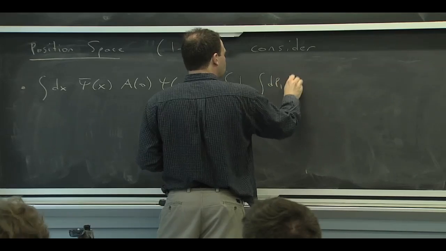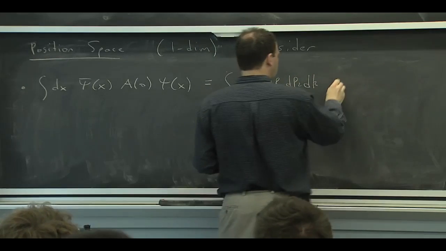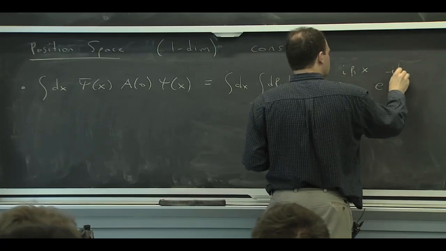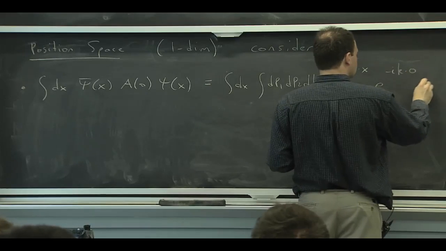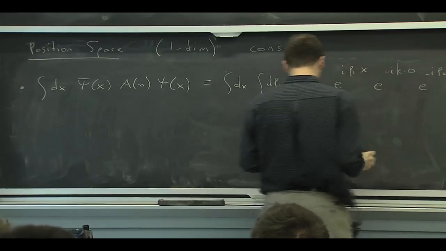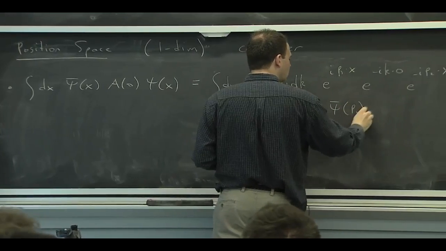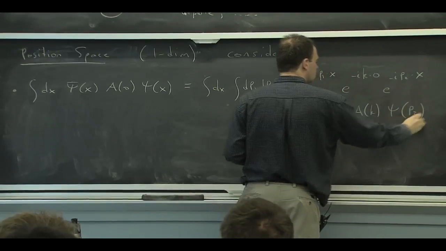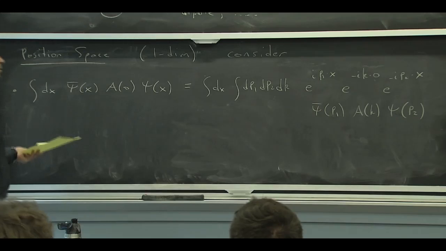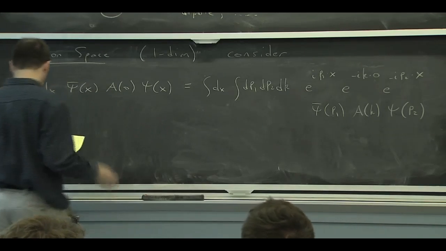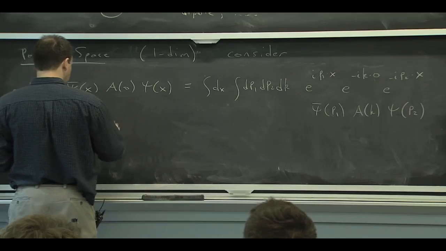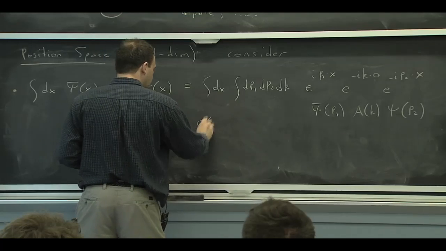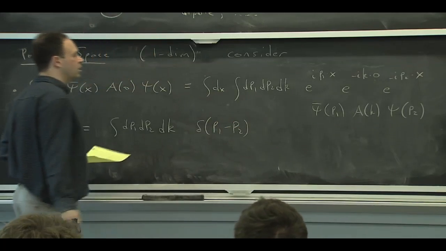So some momenta, some phases, and then some momentum space fields. And I just put 0 because I put one of the fields in the coordinate space at 0. Do the x integral. So I get a delta function that says P1 is equal to P2 because I didn't have anything in the k.